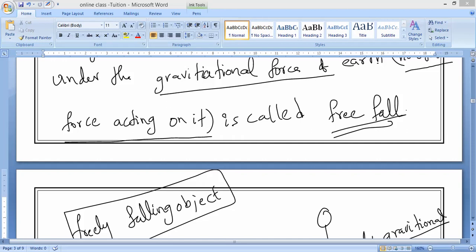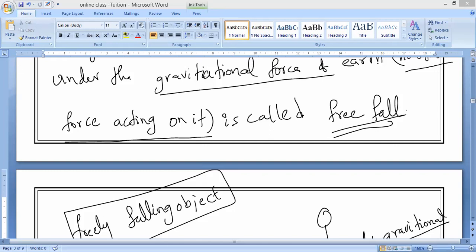Now from here, I will show you who is Robert Boyle, who is Galileo, and what experiment he has done. Everything we'll discuss in tomorrow's class. Later we will calculate what is the acceleration when free fall is taking place. Any body, big or small, more mass or less mass, doesn't matter.